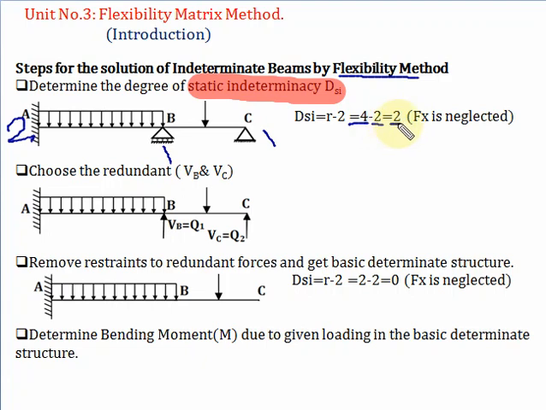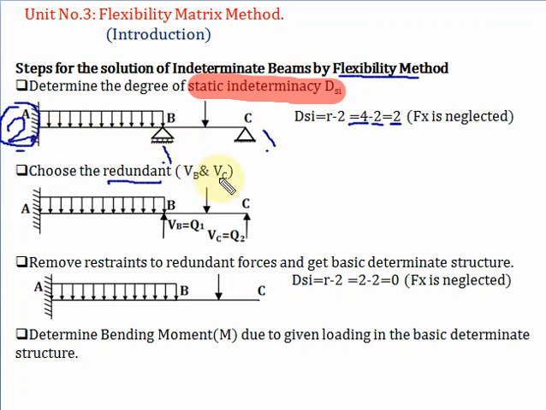Okay. Now here as the degree of static indeterminacy is 2, we have to choose the redundants equal to the degree of static indeterminacy. Okay. And after removing the redundants, the structure should be stable. Now here at fixed support there are 2 reactions. At B and C there is 1 reaction each. So if you consider the 2 reactions at the fixed support A as redundant, and if you remove this fixed support from here, what will happen?